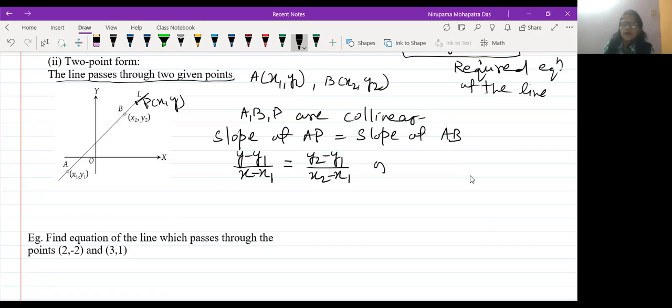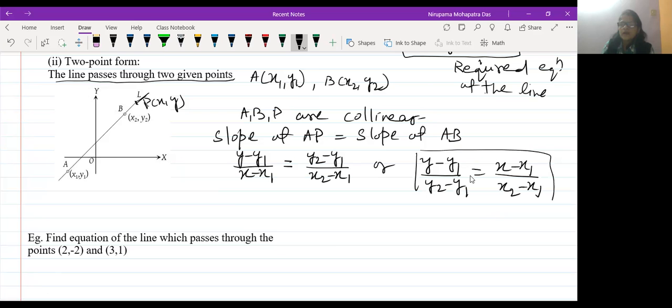Or you may write (y minus y1) by (y2 minus y1) equal to (x minus x1) by (x2 minus x1). So the equation of the line can be taken like this or like this.